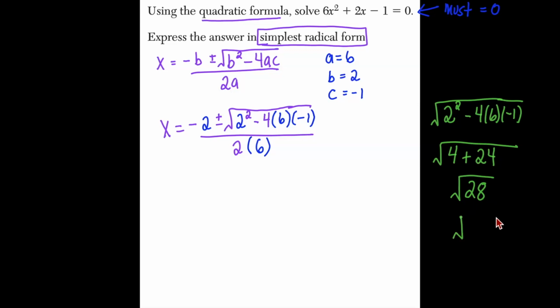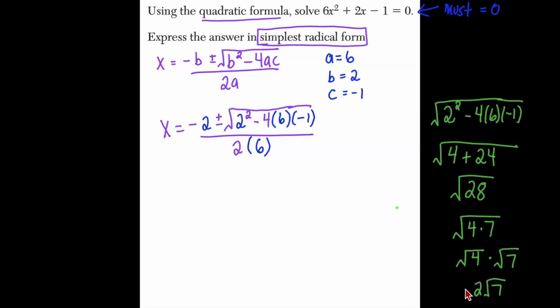So I can write 28 as 4 times 7, which means I can simplify this as the square root of 4 times the square root of 7. Square root of 4 is 2, so 2 root 7 is how I simplify that radical portion.